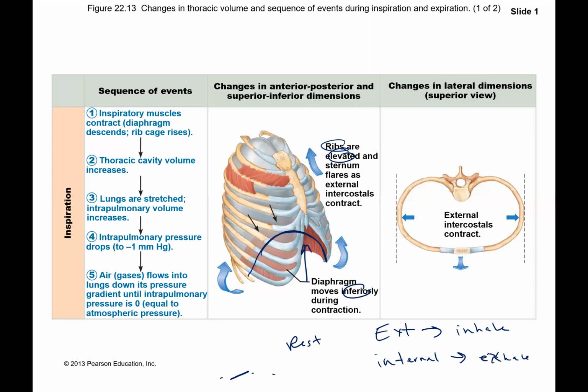External, inhale, internal, exhale. So what happens is the externals actually grab the rib below and pull it up. The external intercostals reach down, grab the rib below, and pull it up. So there's your up and out, or breathing in, or inhale.